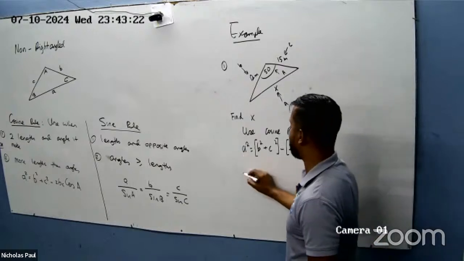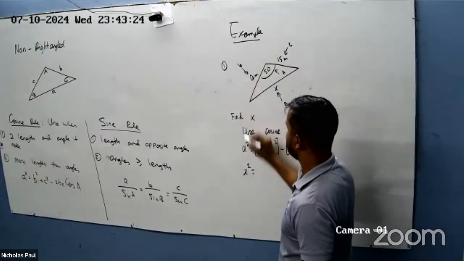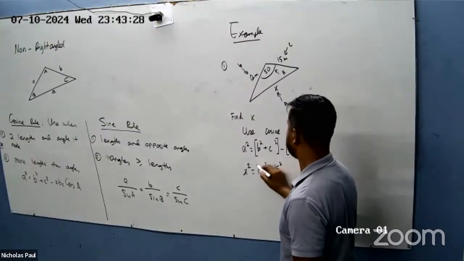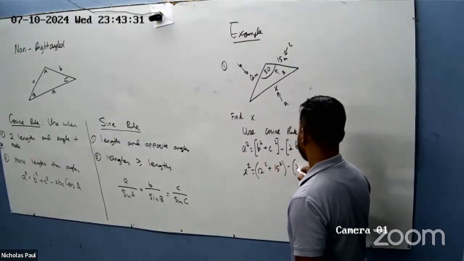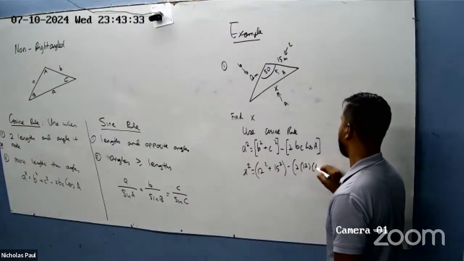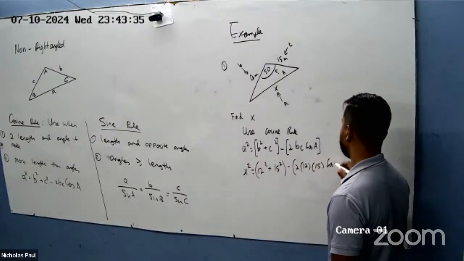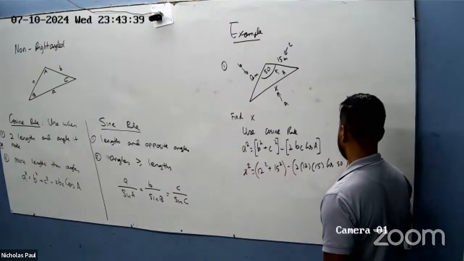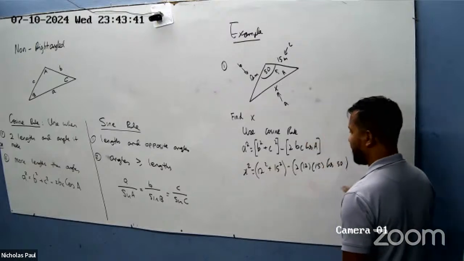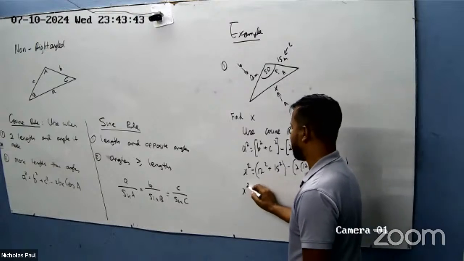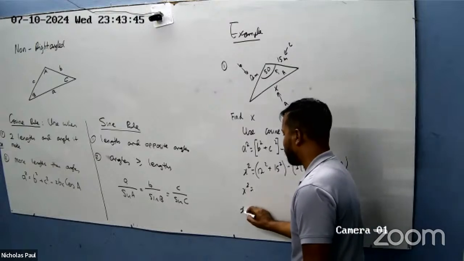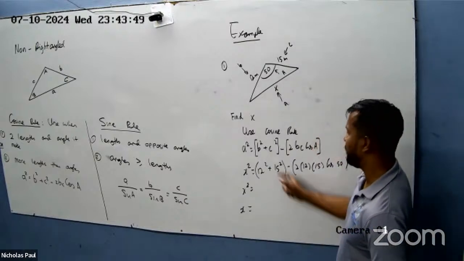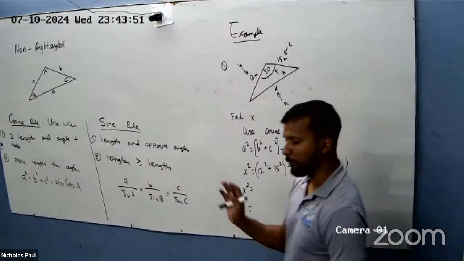So a squared is x squared: 12 squared plus 15 squared minus 2 by 12 by 15 cosine 50. Put this whole thing in the calculator and tell me what you get for x squared, then square root it, and you'll find it. With a Casio, you could just put it in like that without any brackets.